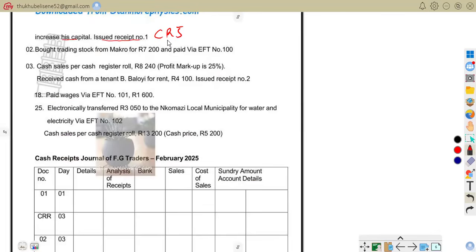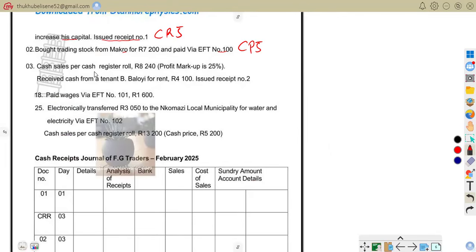But on the second, bought ready stock of 7,200 and paid it via what? EFT, electronic funds transfer number 100. So this affects what? Our cash payment journal, because you're going to pay for that stock. We are not receiving any money.